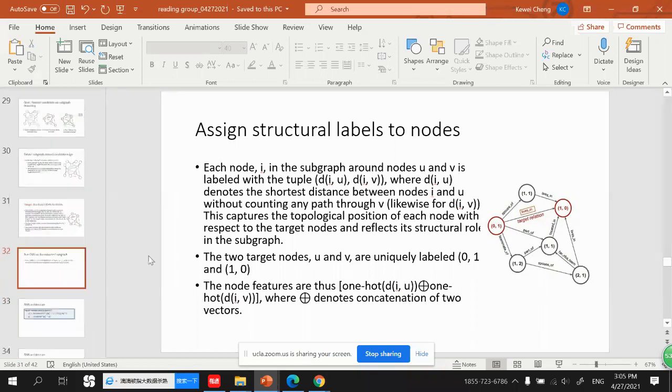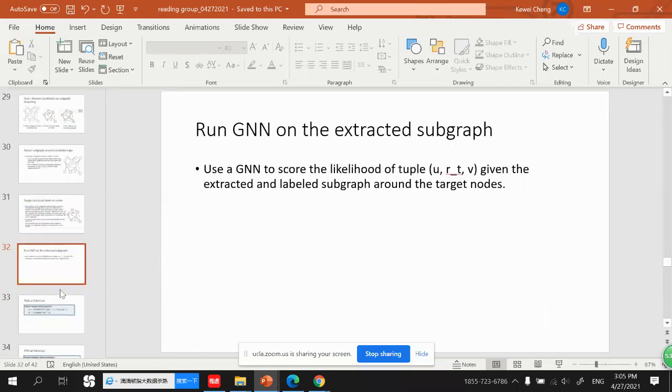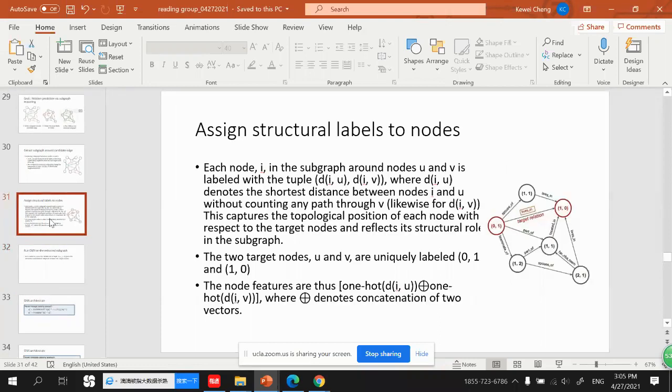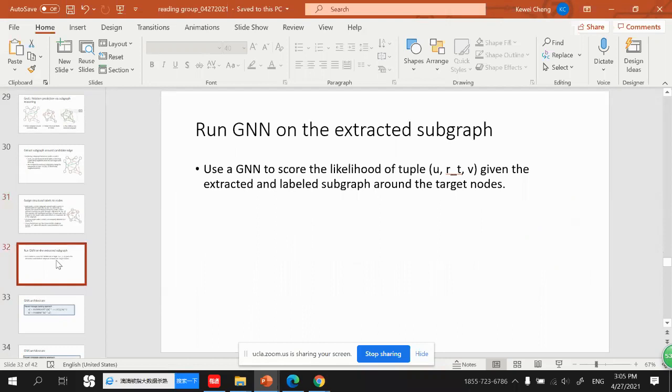And then after assigning the structure label to the node, we have already constructed the feature associated with each node in the subgraph.